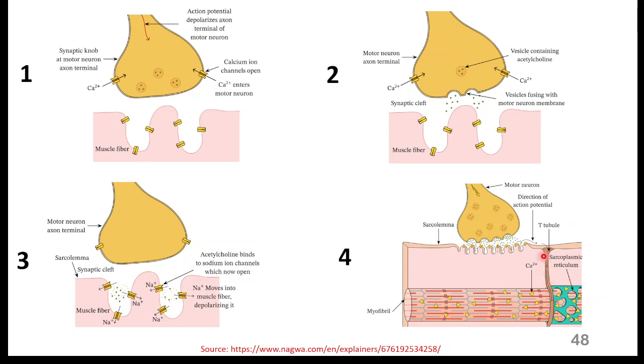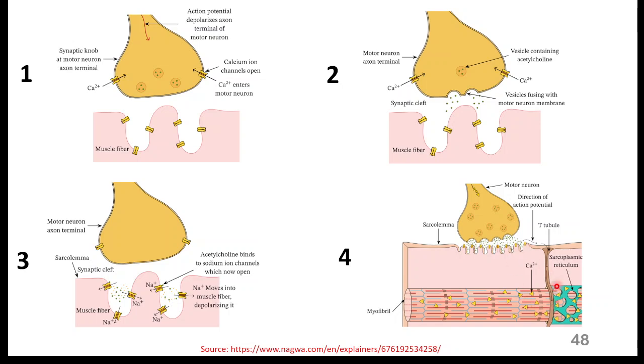So once it passes through the T tubule system, the potential will eventually reach the terminal cisternae of the endoplasmic reticulum, and it will trigger the endoplasmic reticulum to release the large quantities of calcium stored within it, because of the activities of voltage gated calcium channels.